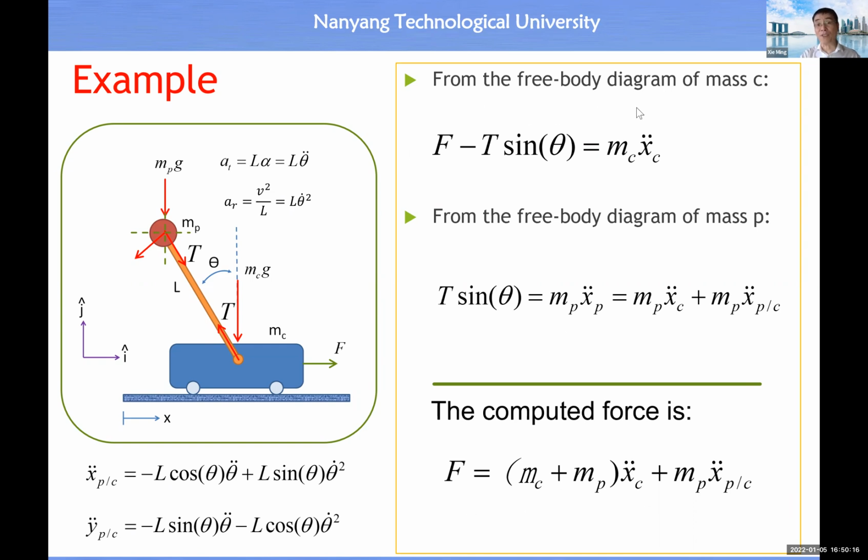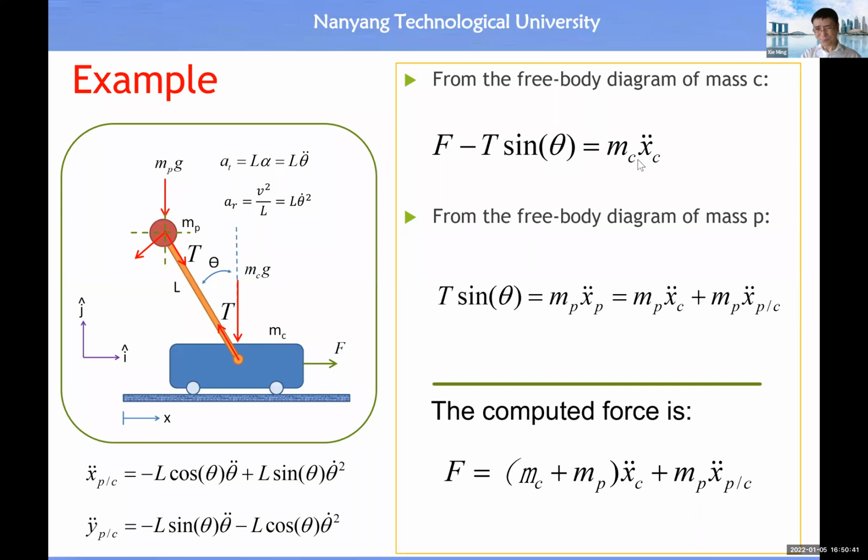Basically, from the free body diagram of the mobile base, in the horizontal direction we only have two forces, F and T times sine theta. T times sine theta is the force component of the tension force in the x direction. Then the net force should be equal to F minus T times sine theta.